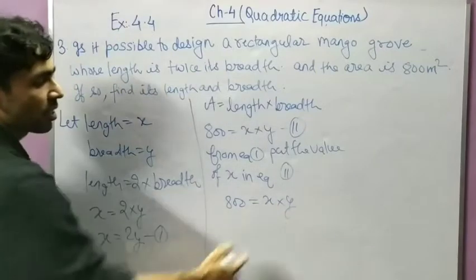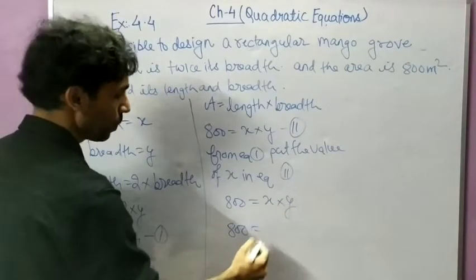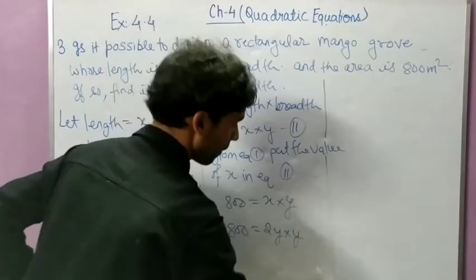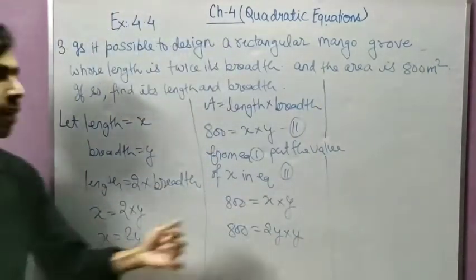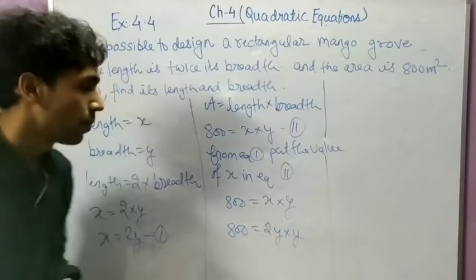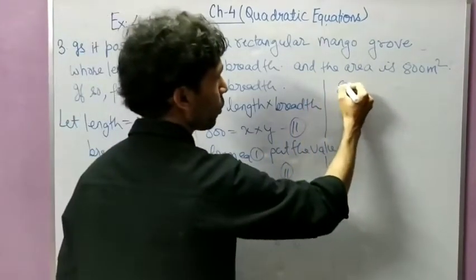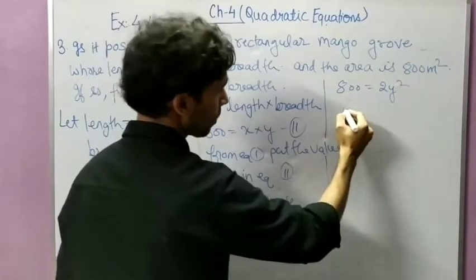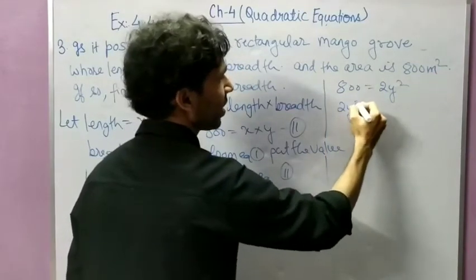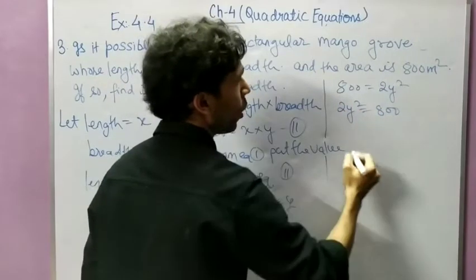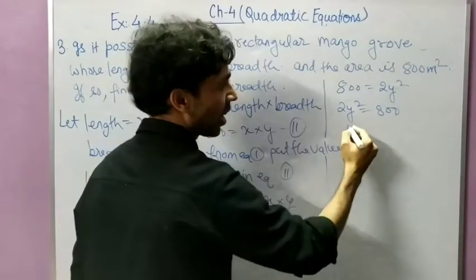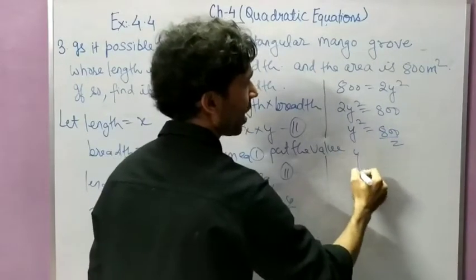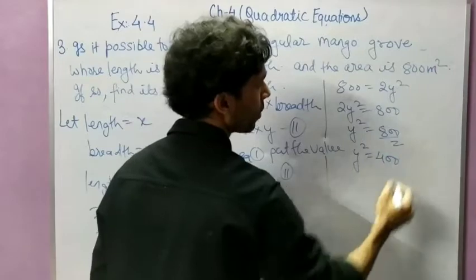Now put the value of x here, so 800 is equal to 2y into y. Is it clear now? I have put the value of x here, that is 2y. Now 800 is equal to 2y square, or 2y square is equal to 800. When we divide this side by 2, y square will be equal to 800 by 2, so y square will be equal to 400.